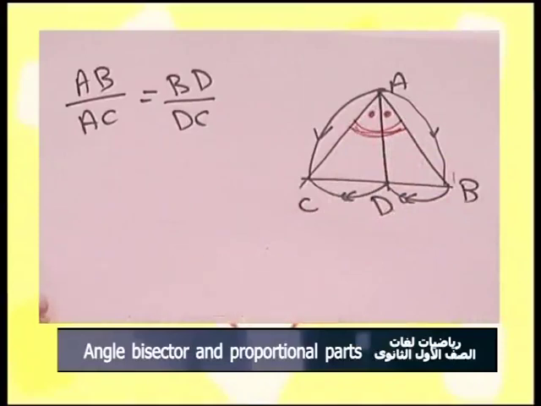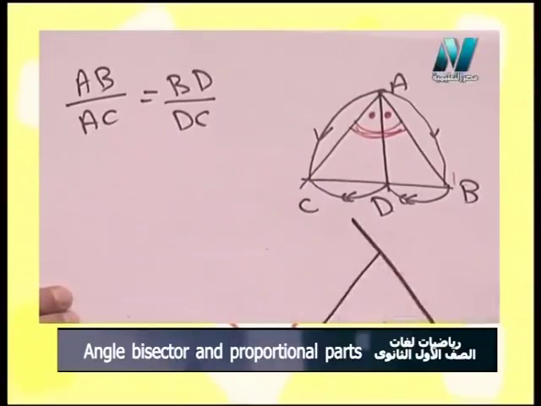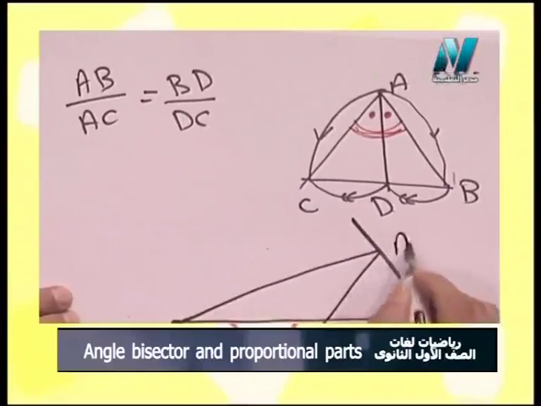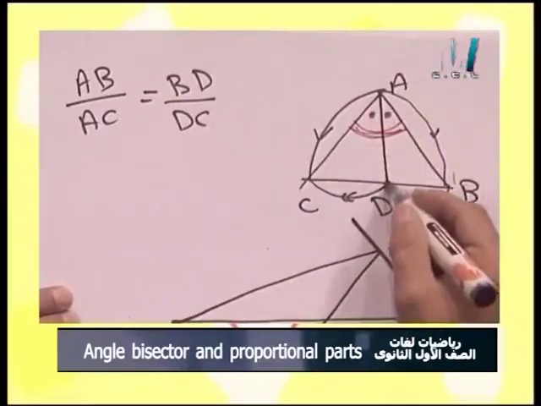And even if it is an exterior, we can deduce also that the line is the exterior bisector. If we have a triangle like that, this is A, B, C also, and D is the point of the bisector here.